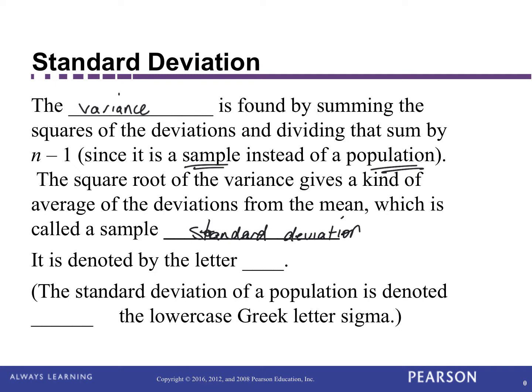It's denoted by the letter S. The standard deviation of a population is denoted by a lowercase sigma, which looks like that. We saw the uppercase sigma to be the sum.